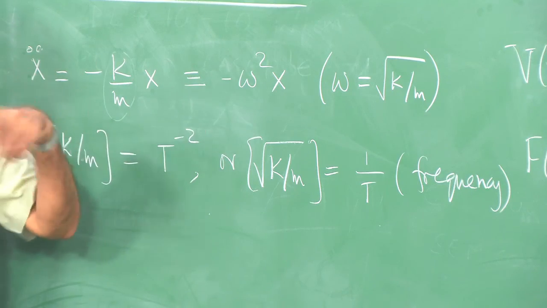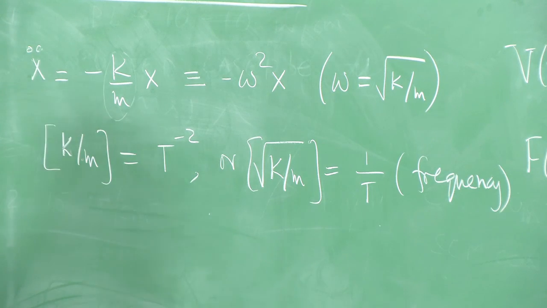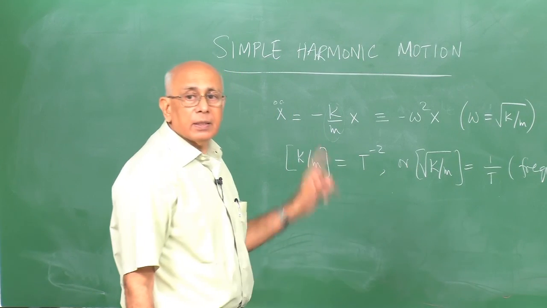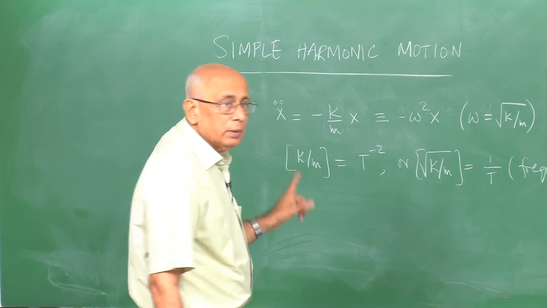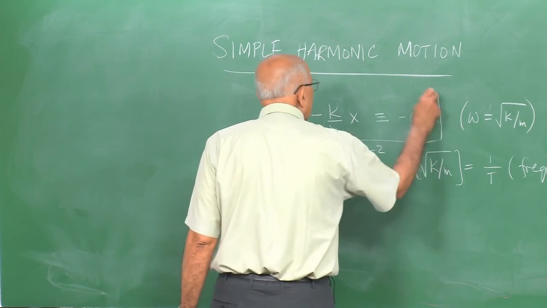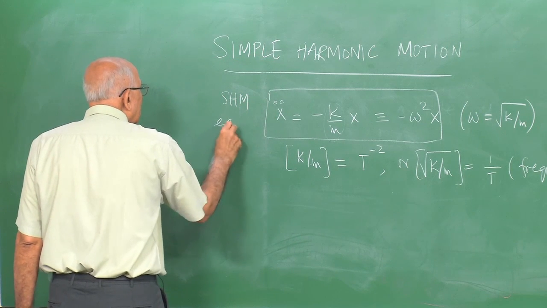Squared, to remind myself that this is a positive quantity. Okay. So this is the equation of simple harmonic motion; this equation defines simple harmonic motion. Let us call it the SHM equation.